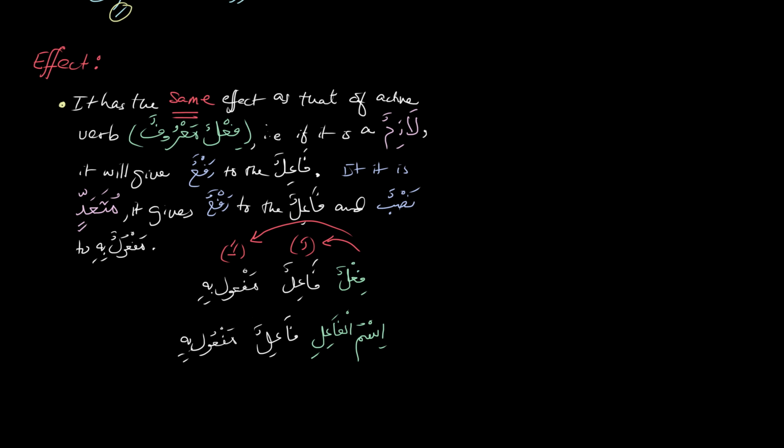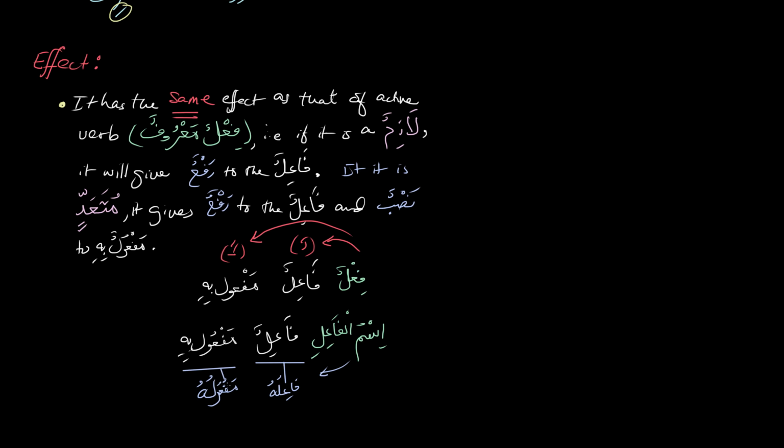But here though, it's not going to be called fa'il and maf'ul. So instead of fa'il, you're going to say fa'iluhu, the fa'il of this. And you're going to call this maf'ul, the maf'ul of the ism fa'il, so maf'ulahu.